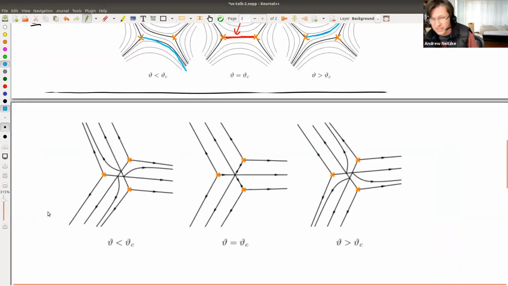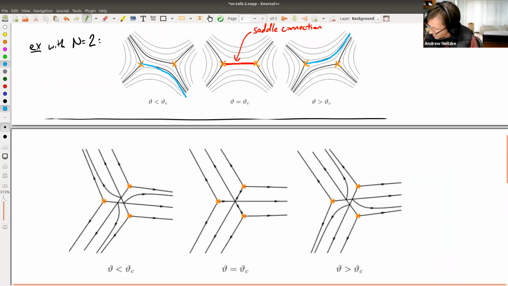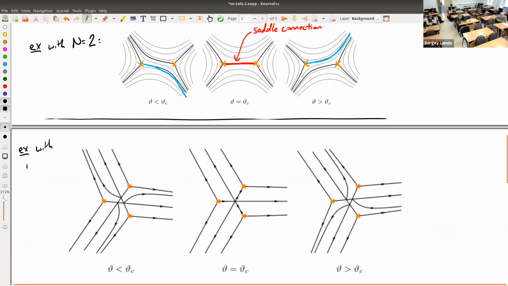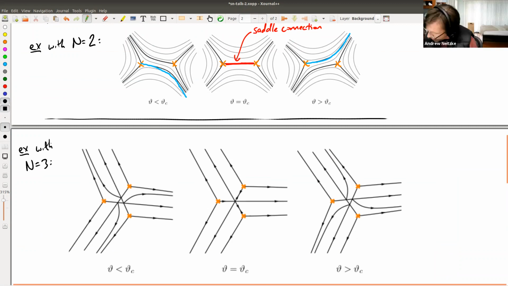So here's an example, with n equals 3. Now I've got some location where there are 3 branch points in a little neighborhood. Each one is emitting 3 trajectories as usual, and when they collide, they give birth to further trajectories. And here again, as we vary the phase, there can be a critical change in the topology of the picture.